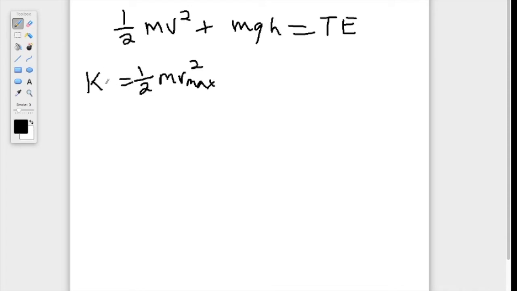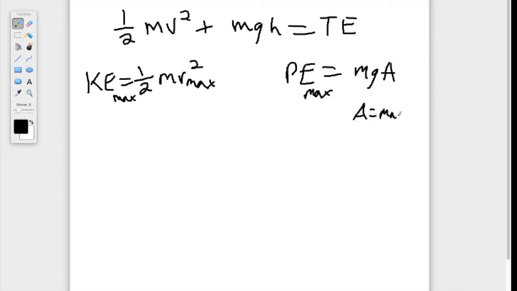And then for the max potential energy, it'll just be mg times A, and this is the max height. So in this case, A equals max height.